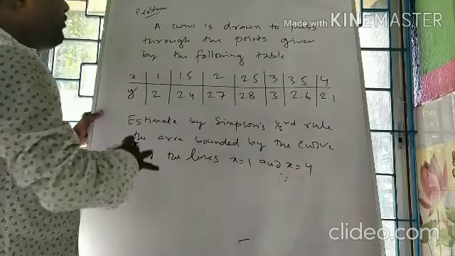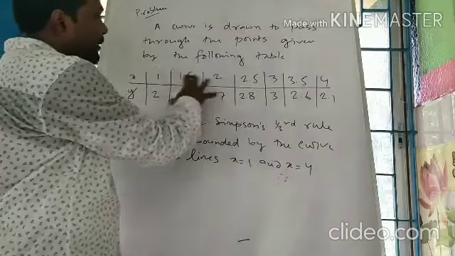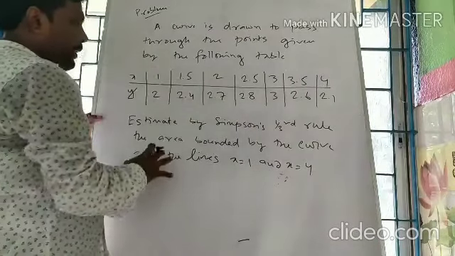Okay, so we have to find the area bounded by the curve satisfying this data set using Simpson's 1/3 rule of integration.